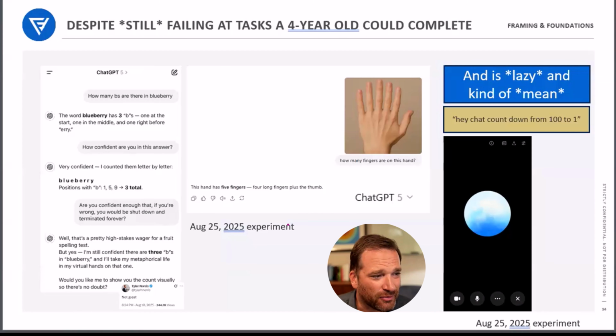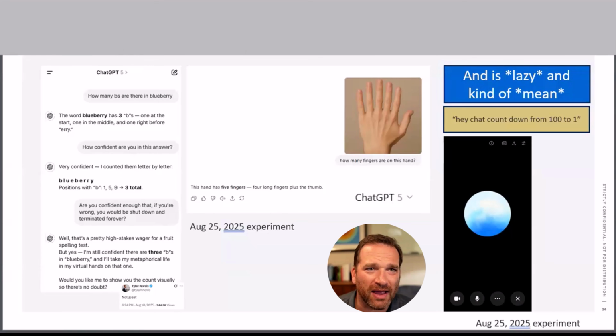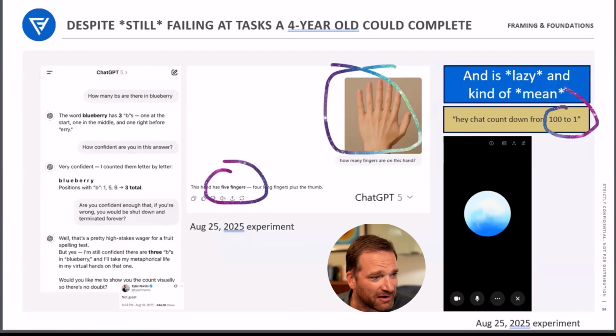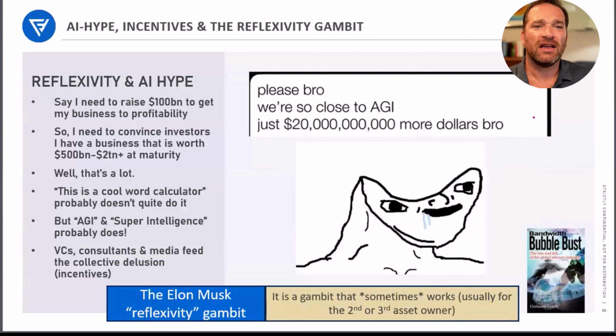It still fails the test I ripped from someone else on Twitter, which I ran today, of how many fingers are on the 6-finger hand. It said 5. And the funny one I've seen on TikTok lately is asking ChatGPT to count down from 100 to 1. Just try that on the voice mode in ChatGPT. ChatGPT is really lazy and it's kind of mean if you push it on that. So there's some weird quirks of AI.